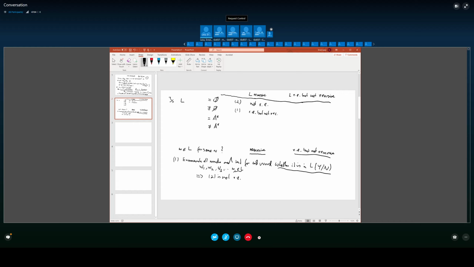Because it would have to say, yes, it is empty, but in order to do that, that doesn't work. So this is obviously the complement of that. Since this is RE, but obviously not recursive, this must therefore be not RE.